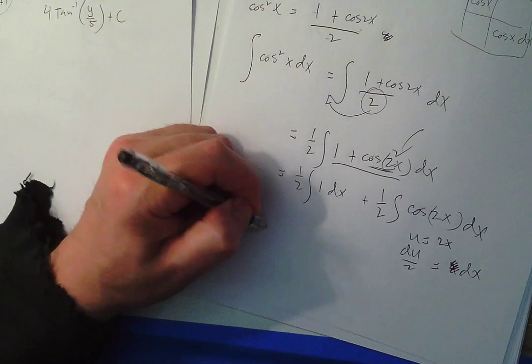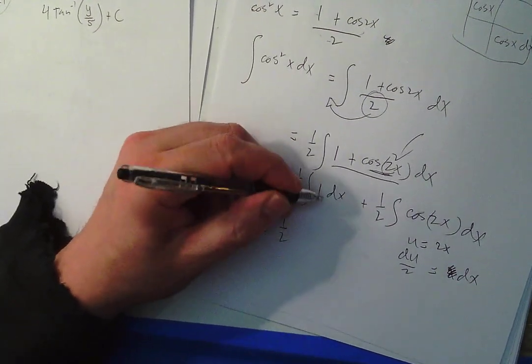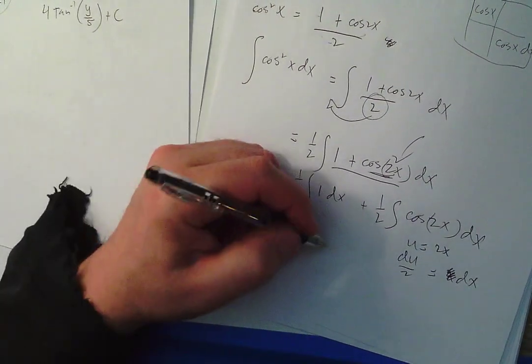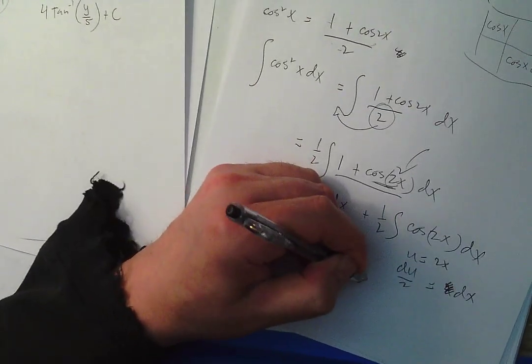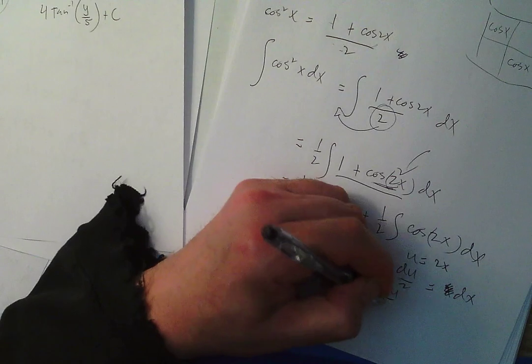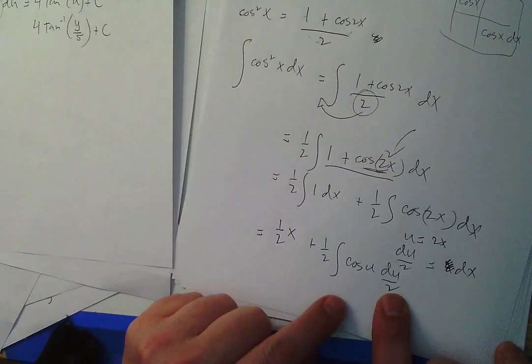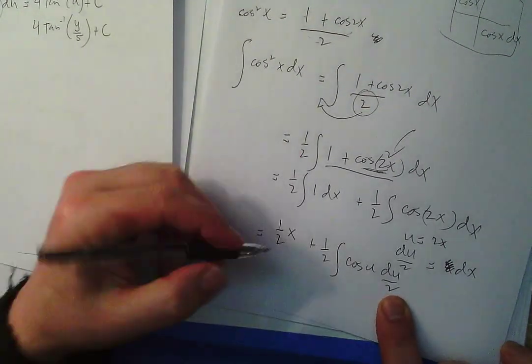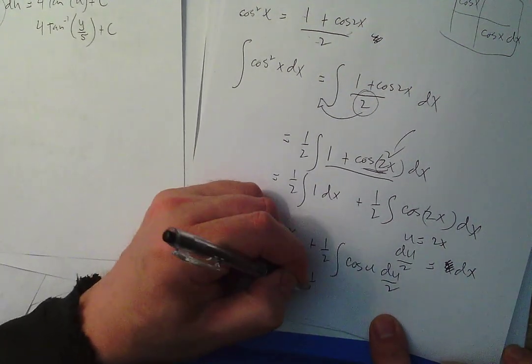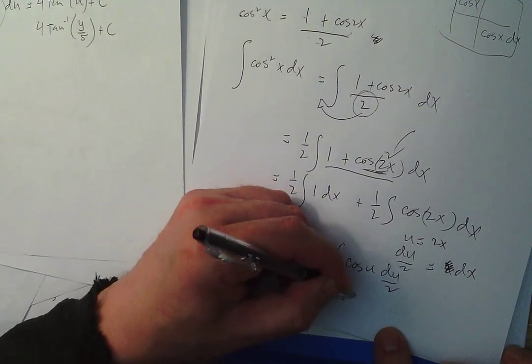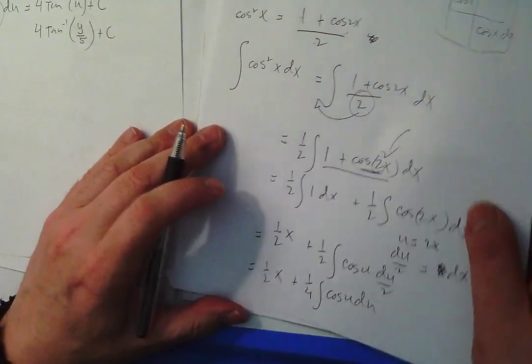So my antiderivatives then, 1/2 the antiderivative of 1 is x, plus 1/2 the integral cosine u du over 2. I'm going to pull this 2 out to be with this 2, and I'm going to have 1/2 x plus 1/4 the integral of cosine u du.